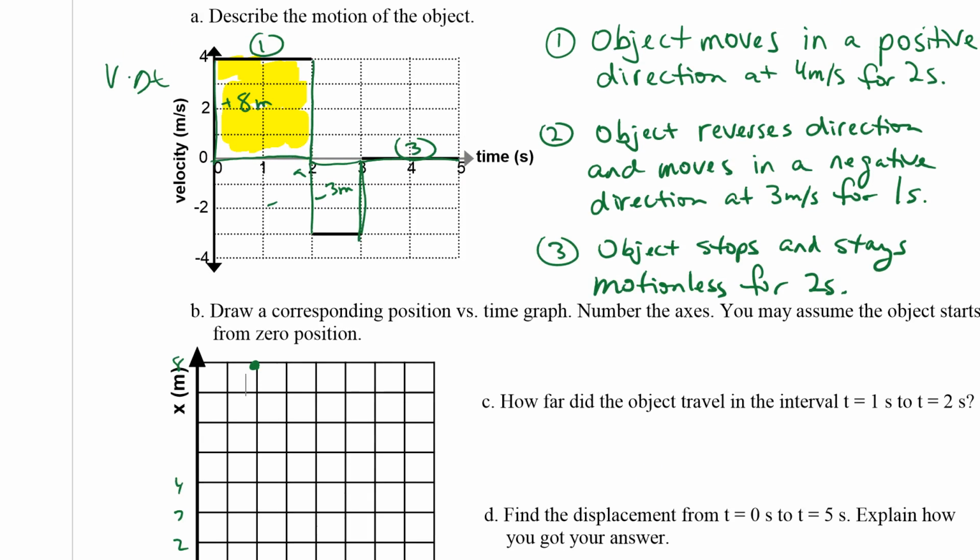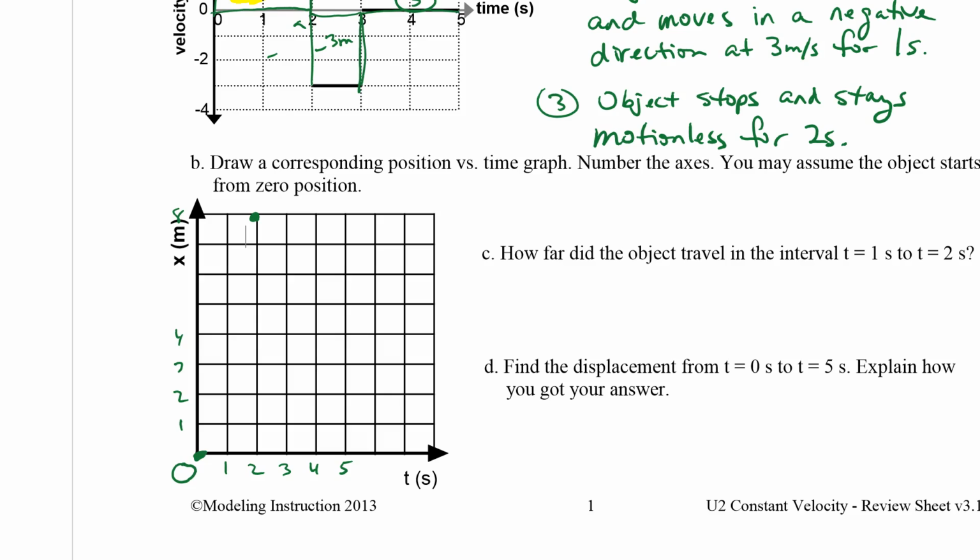I'm going at a constant velocity of 4 the whole time. In other words, between this dot and that dot is a straight line, because a constant velocity is a straight line. So let's see if I can help my hand-eye coordination a little bit. I'm not so good at this. That was supposed to be a straight line. I'm sure you can do better with a ruler.